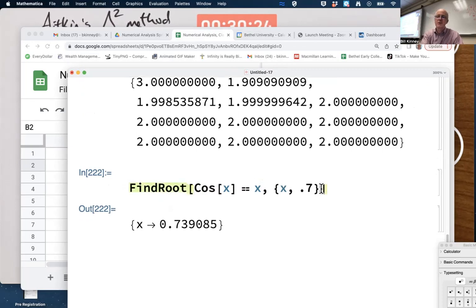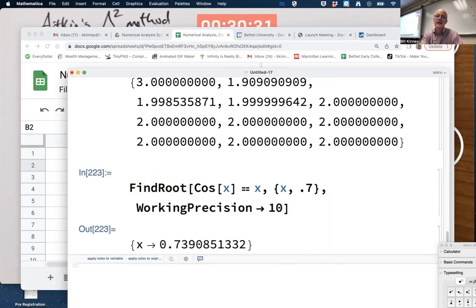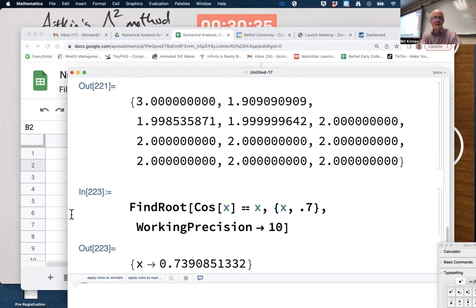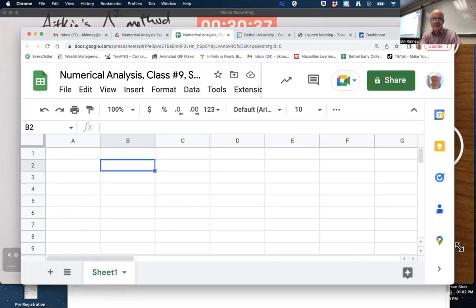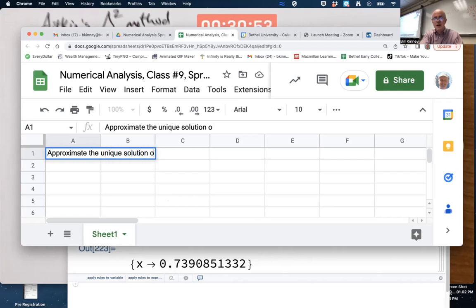Actually, if you want more decimal places of accuracy with FindRoot, you can do comma WorkingPrecision arrow 10 and get more decimal places of accuracy. 0.73908513332 is our 10 decimal place approximation to the solution, which was a unique solution of cos x equals x.